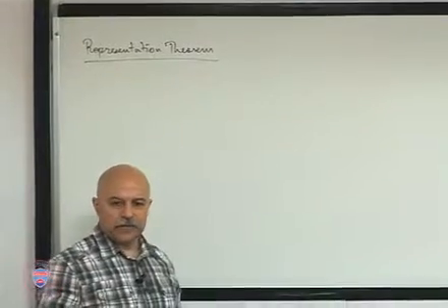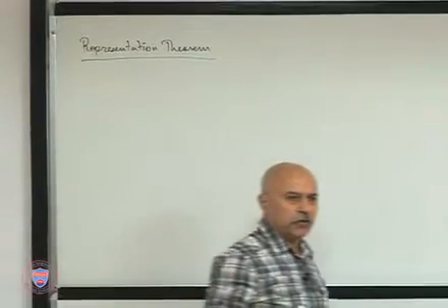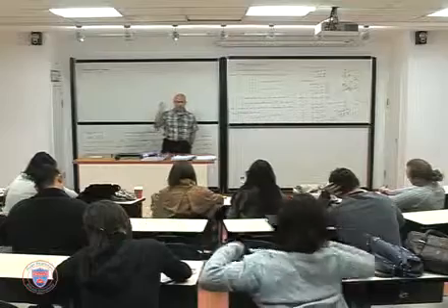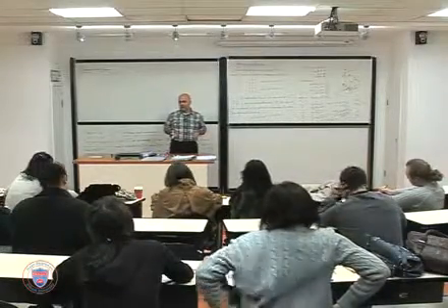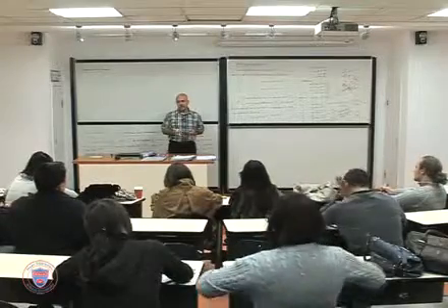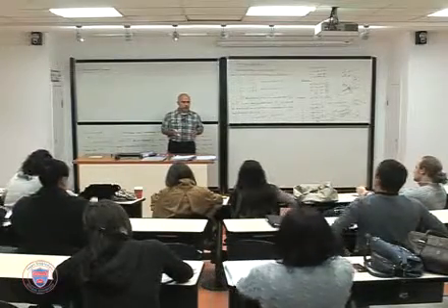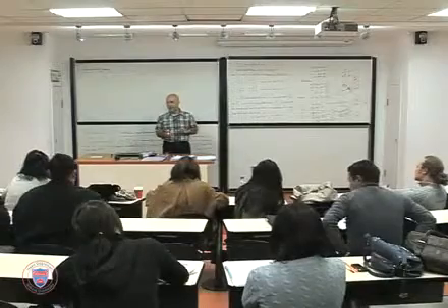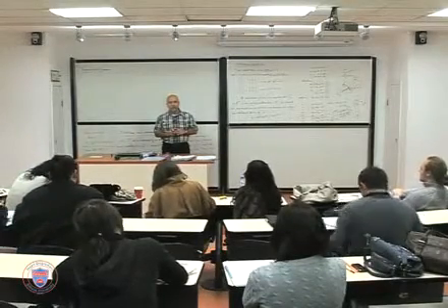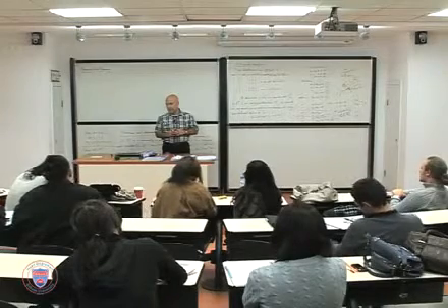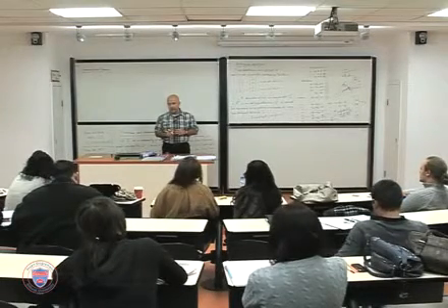I don't recall if I defined a convex hull for you or not. Did I do that? Does anybody remember? What's a convex hull? Well, if you have finitely many points under consideration, the convex hull of a finite set of points is the set of all convex combinations of these points.